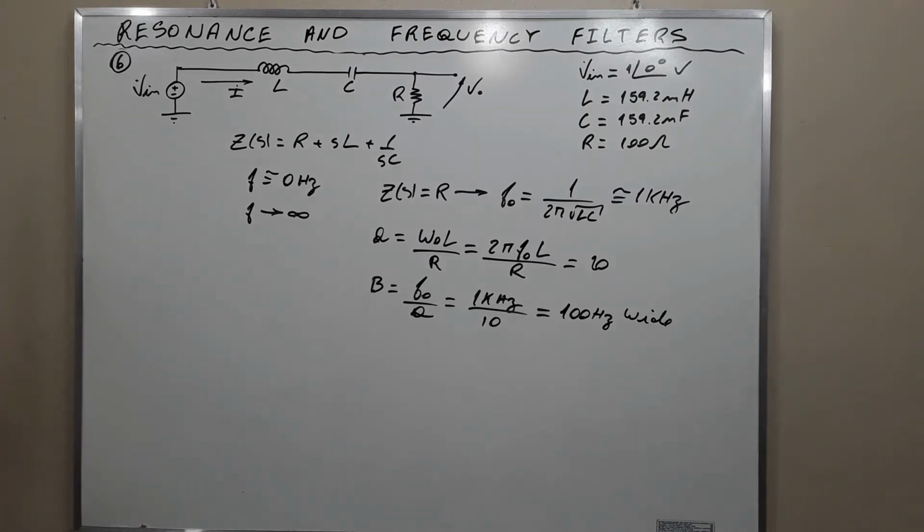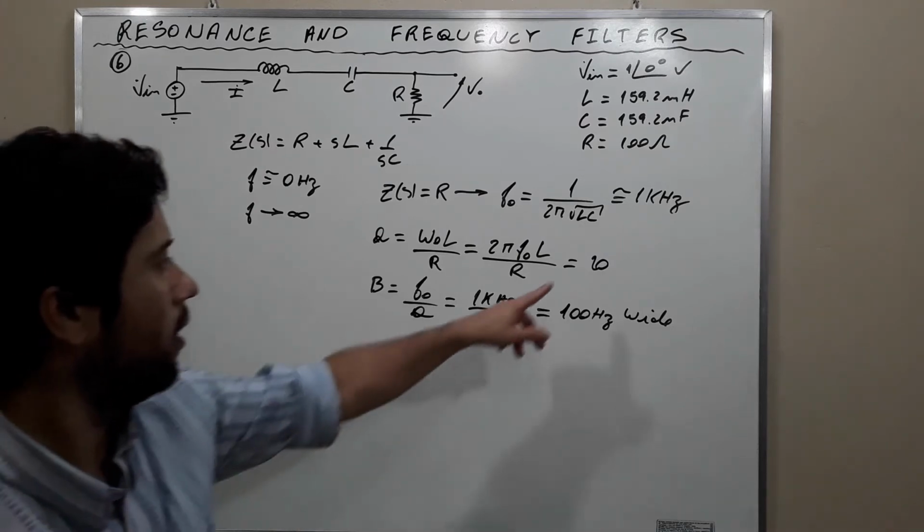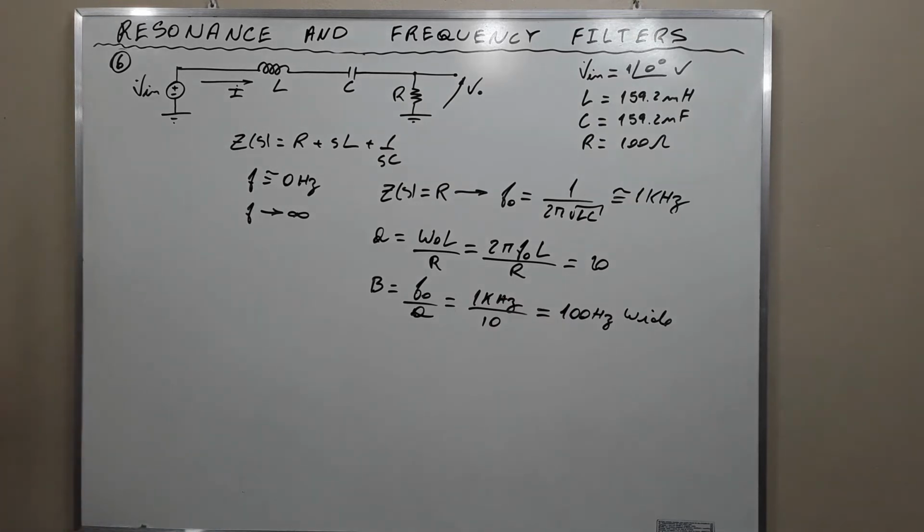All right, as the quality factor is sufficiently greater than 1, it is 10, the following approximations hold true.